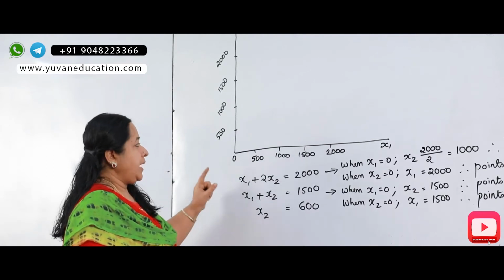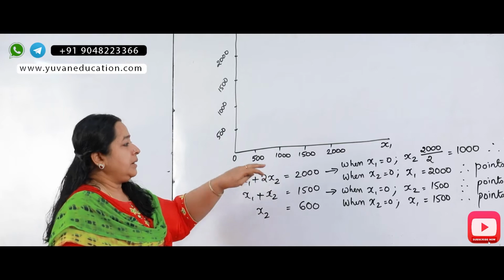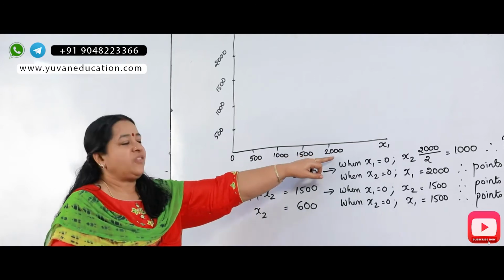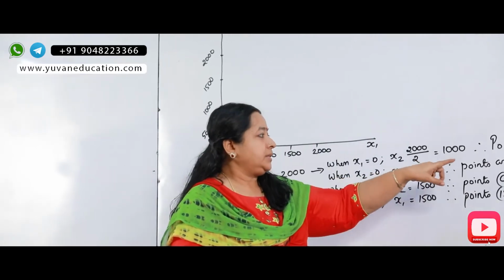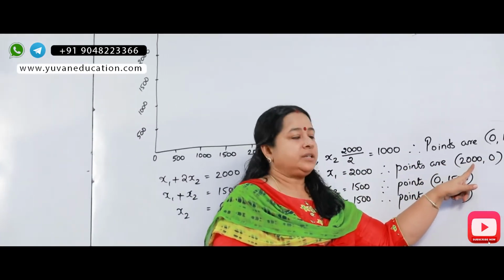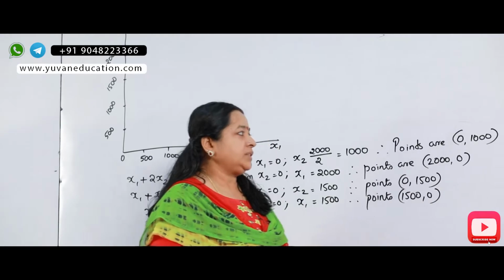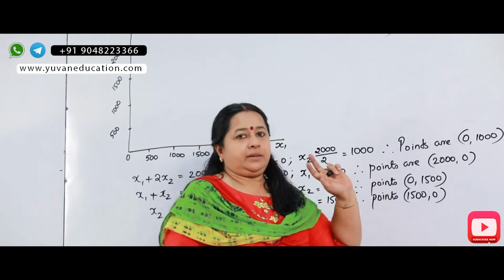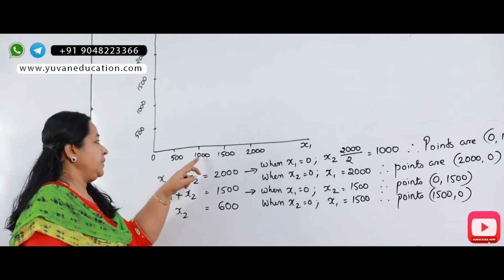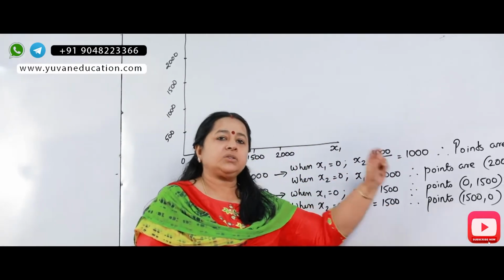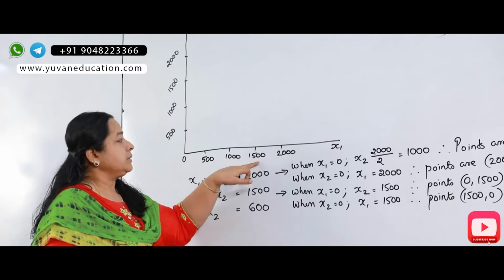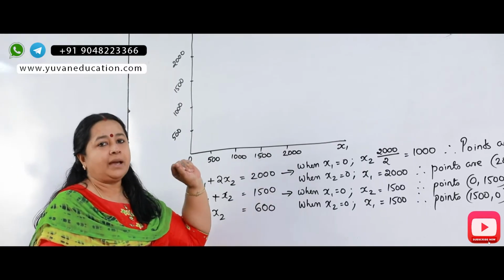See the points, the highest is 2000 and the lowest is 1000. So we are starting from 500. According to points, we can write the points here.